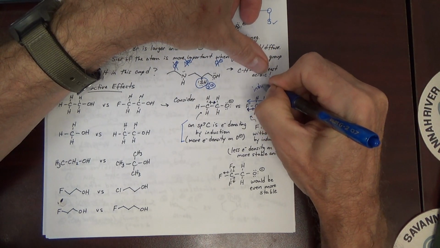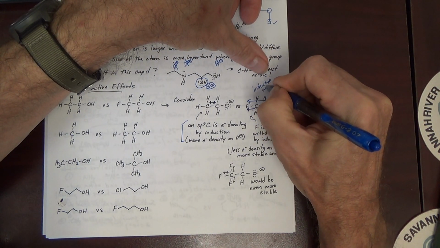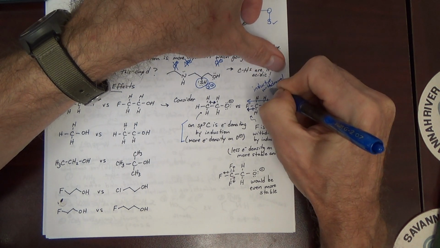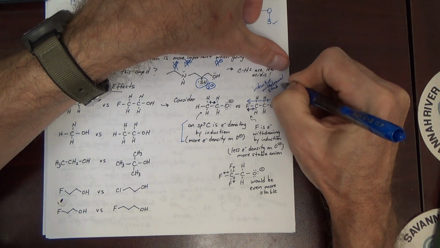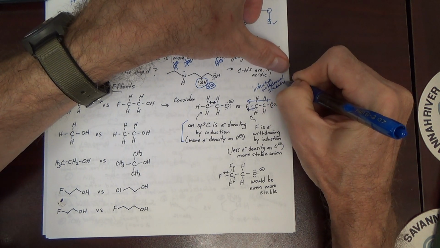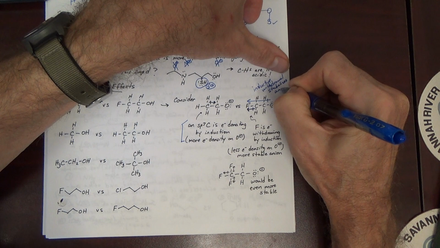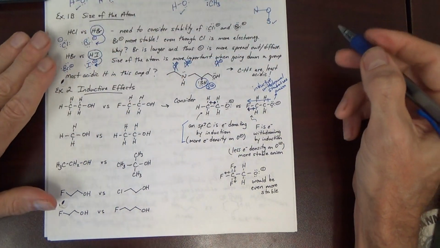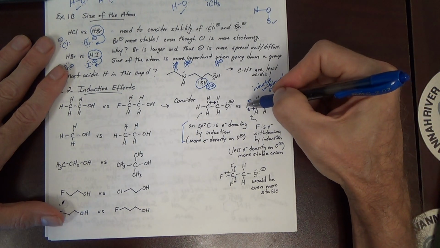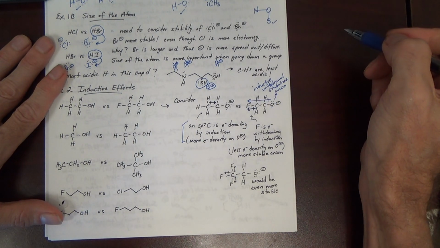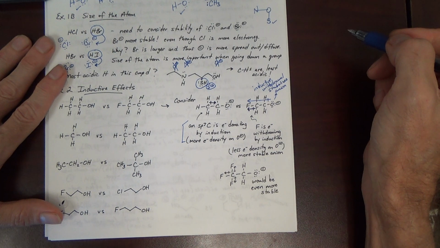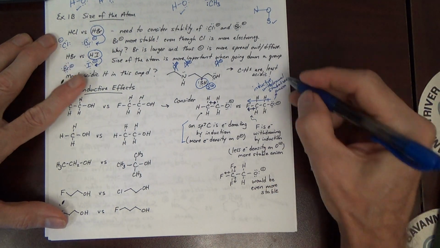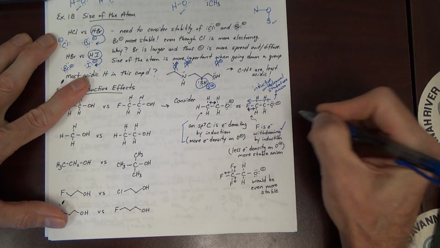And so over here we have inductive withdrawal, which stabilizes the anion. Inductive withdrawal by the fluorine. I actually already had that written, right?